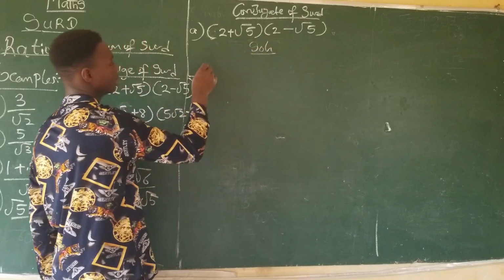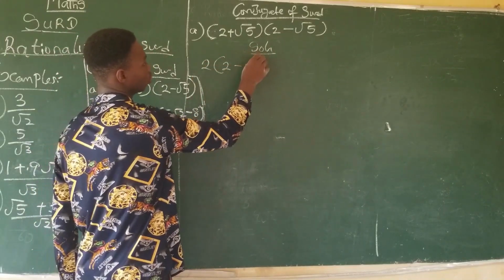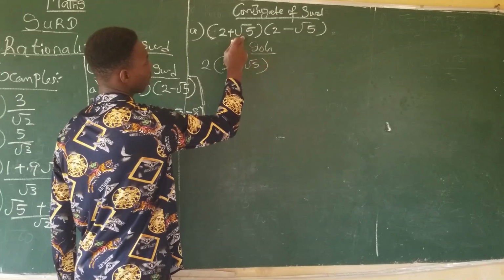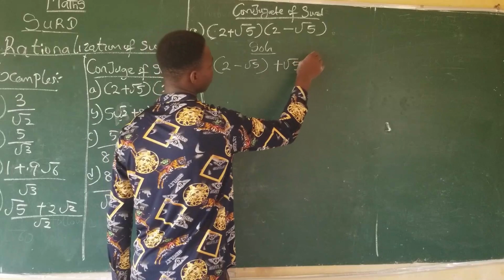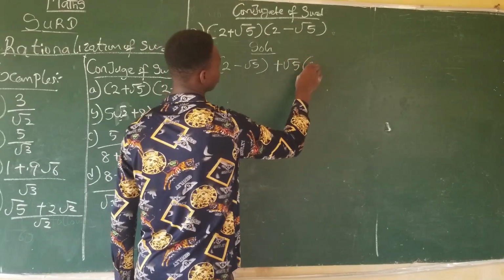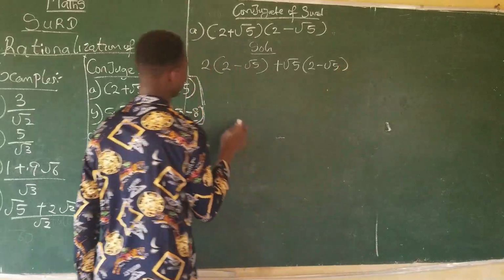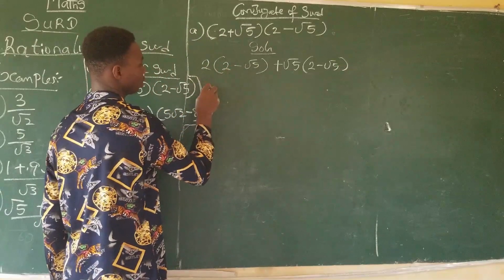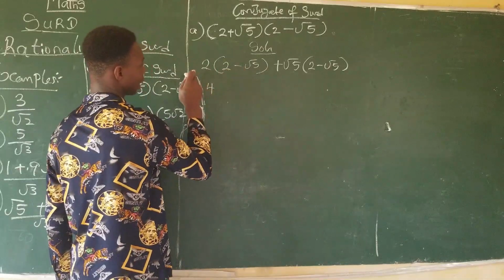So we can present it as this, 2 open bracket, 2 minus root 5, close the bracket, and for this other side, plus root 5, open bracket, 2 minus root 5, close the bracket. So from here, 2 times 2 becomes 4. Let's start first.